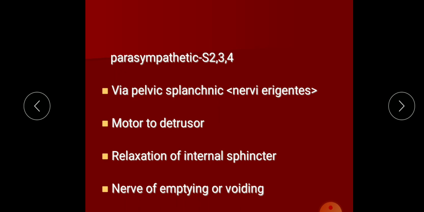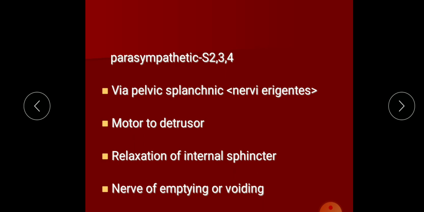Always remember that. Why? Because S2, S3, S4 act as motor to the detrusor, causing contraction of the detrusor with relaxation of the internal sphincter. So parasympathetic is the nerve of emptying, just as sympathetic is the nerve of filling.